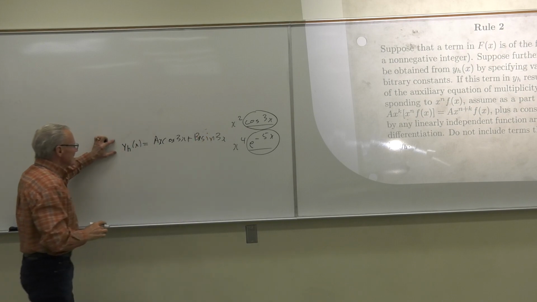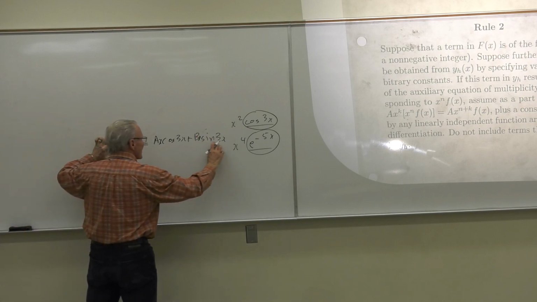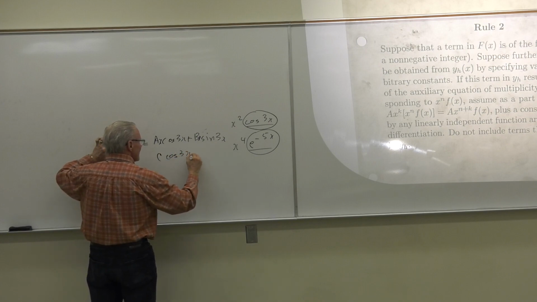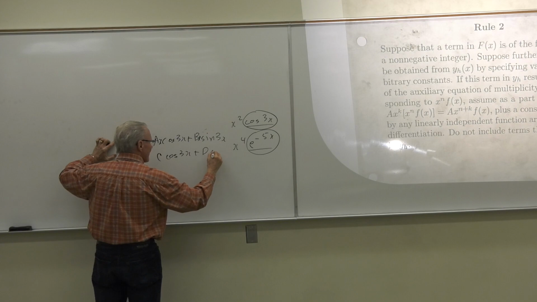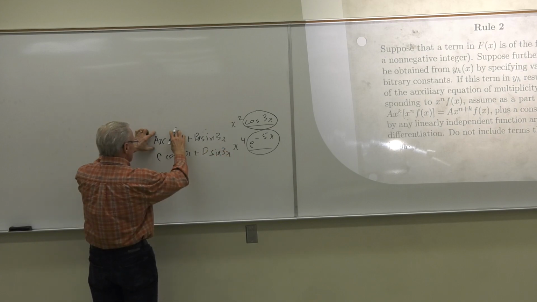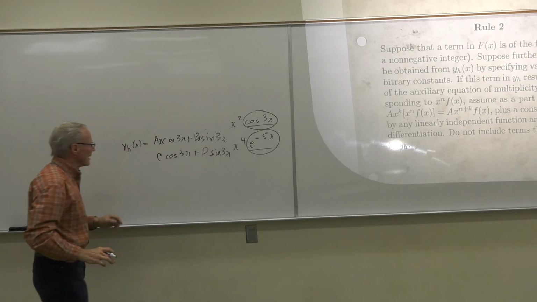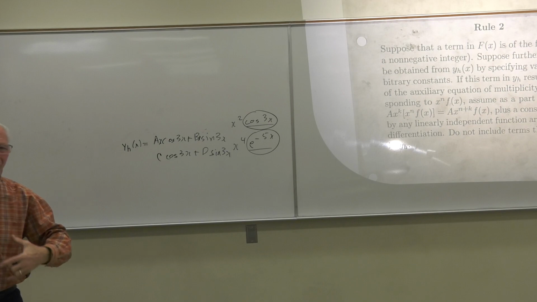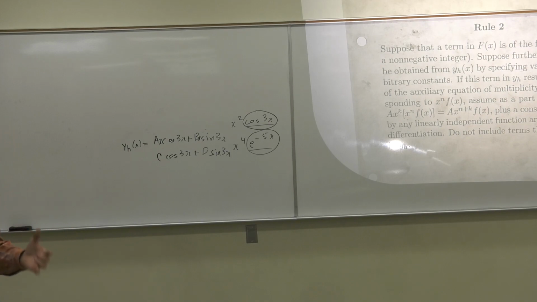Suppose these terms are in your y sub h. You would also have these ones. So if this came from the y sub h, you can't just have those. These ones would also be there, coming from a pair of repeated complex roots, right?